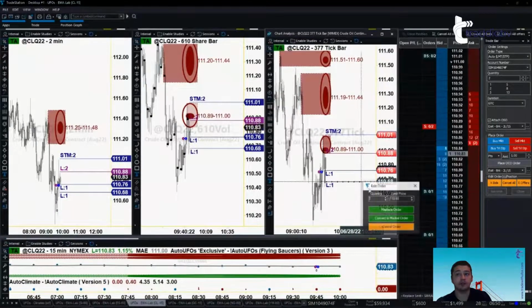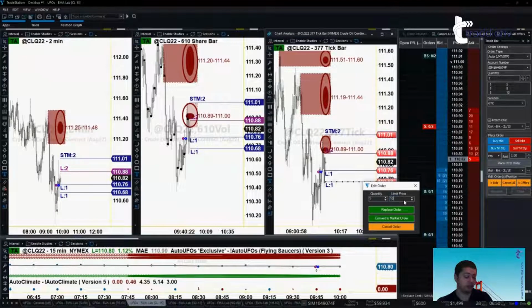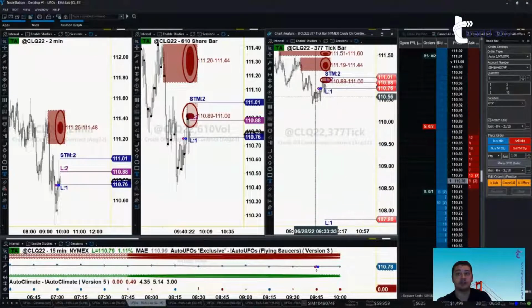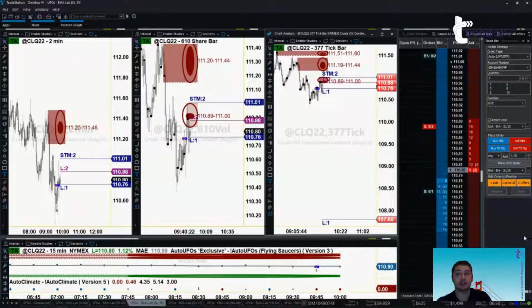I'm just gonna click that, right click, 107.8. All right, so that's quite far. Again, it's not uncommon to see this, especially lately on crude oil. It's really not uncommon to see it. Let's see if we'll get a fill.